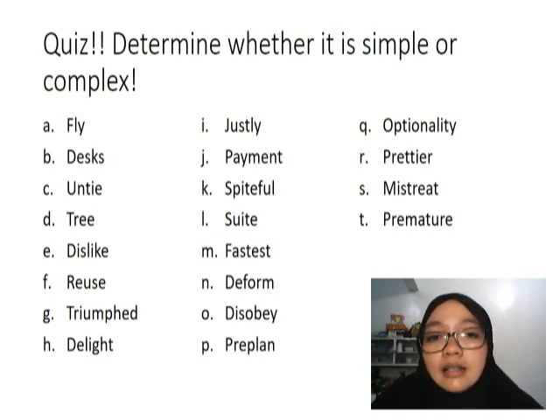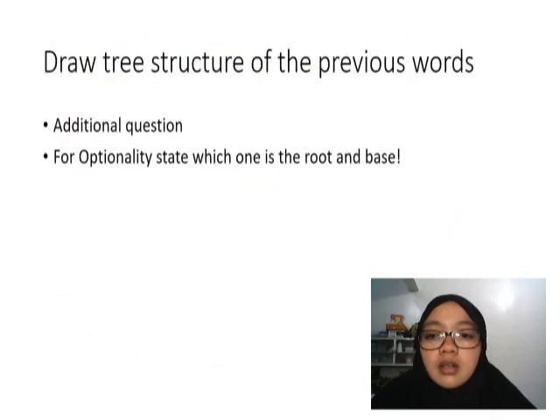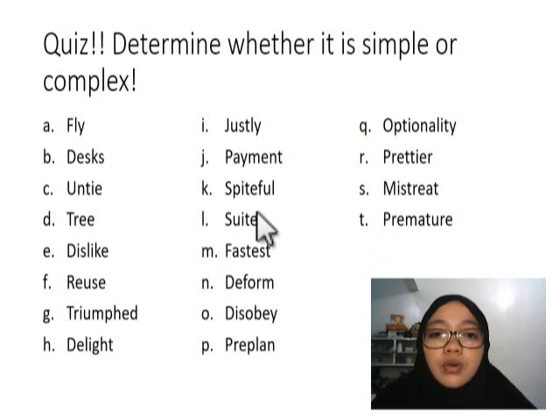And after that you also have to draw the tree structures of those words. If it is a root, then you can simply draw fly, draw a line, and the lexical category is verb.